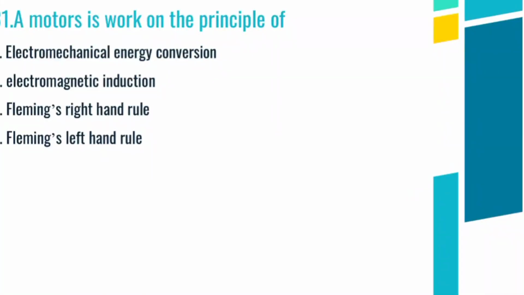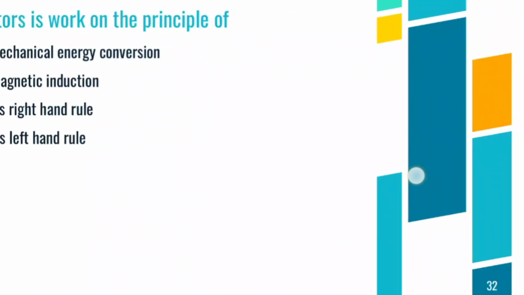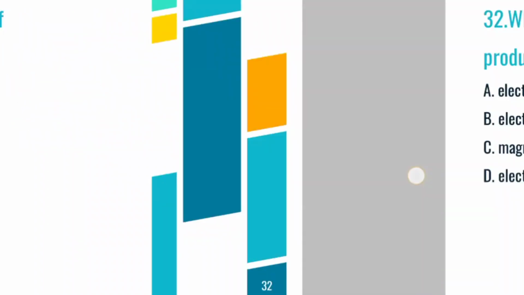That is the principle of a motor. Fleming's left hand rule and right hand rule are used to find the direction of motion of the conductor, current direction and magnetic field direction. But B, electromagnetic induction, is the answer.